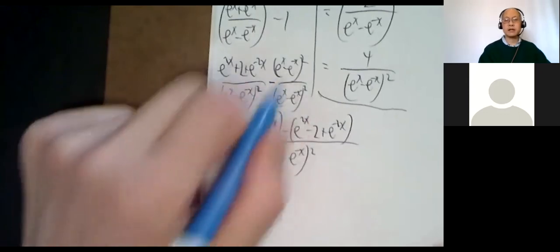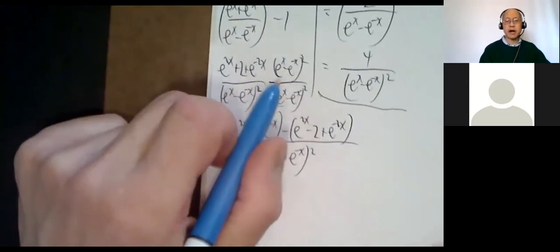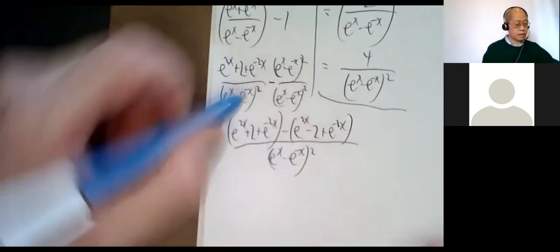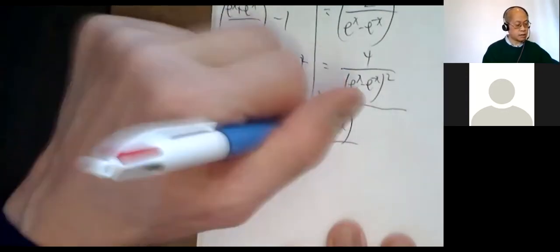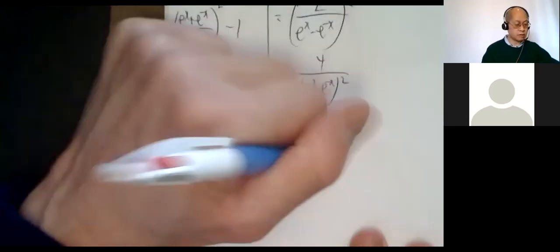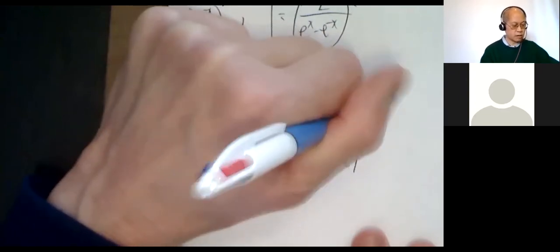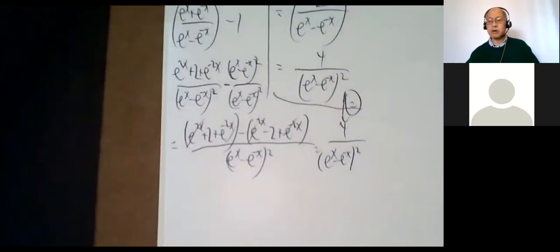If I square that, e^(2x) minus 2ab, 2 times that is minus 2. Okay, cancel, cancel, cancel, cancel. 2 minus a negative 2 is 4. So 4 over (e^x minus e^(-x)) quantity squared, and they are now equal.